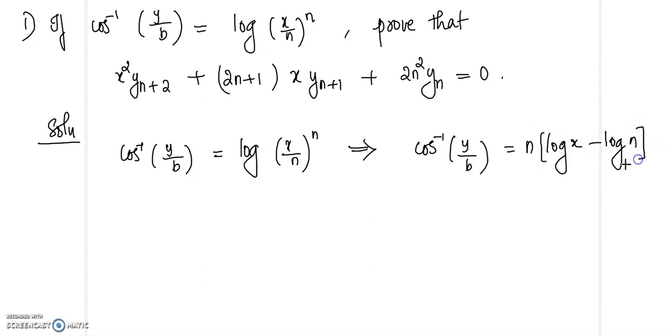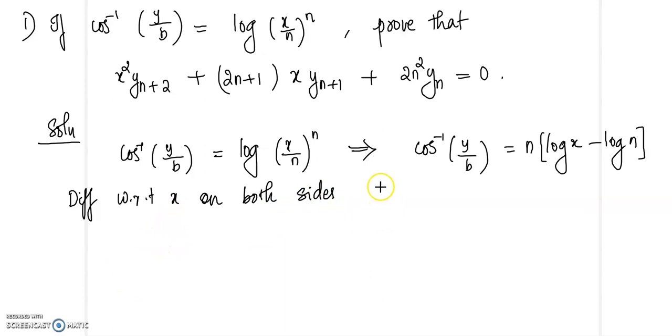So log (x by n) power n can be written in this form. Now differentiate with respect to x on both sides, implicitly.